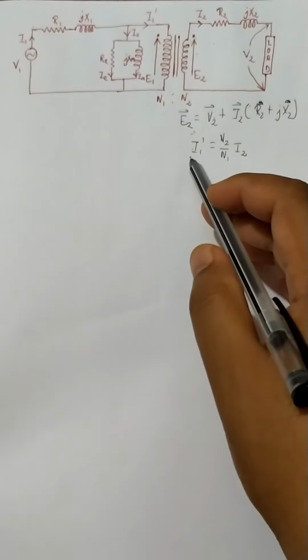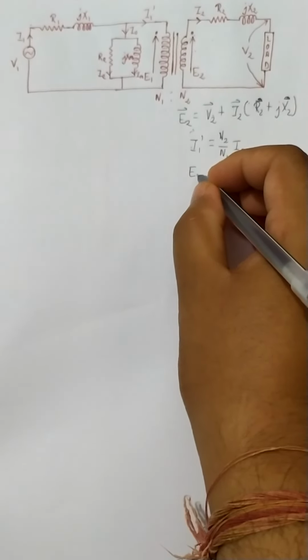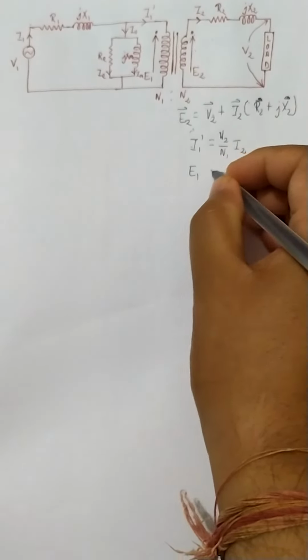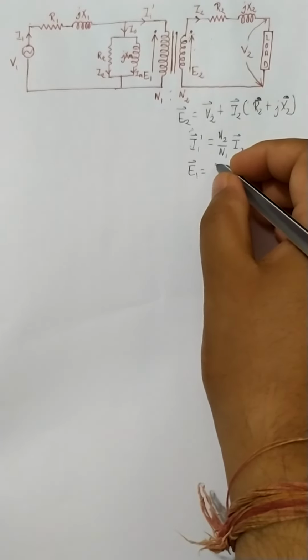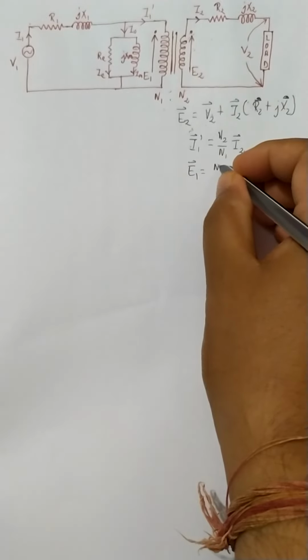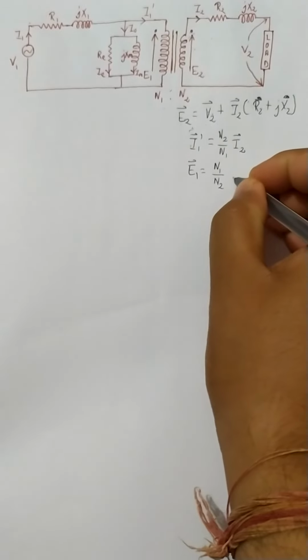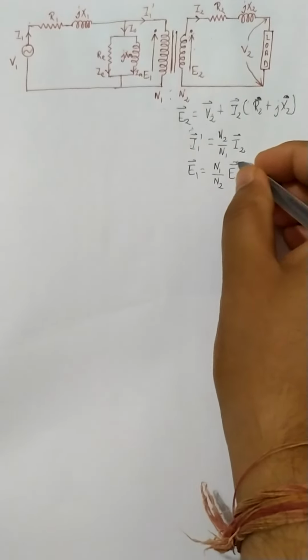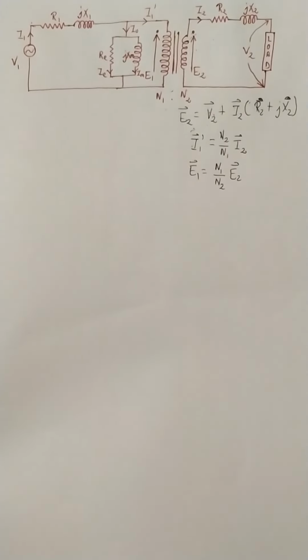Therefore, N1 into I1 dash should be equal to N2 into I2. And we can say that E1 will be equal to N1 by N2 into E2. From the basics of the transformer, we are going to write this one.